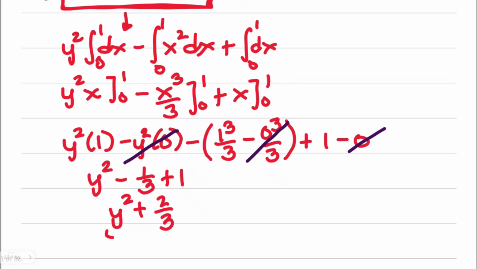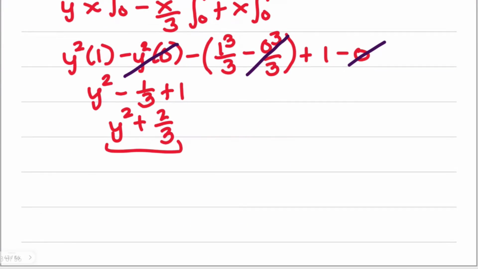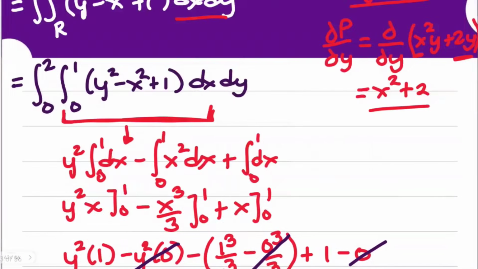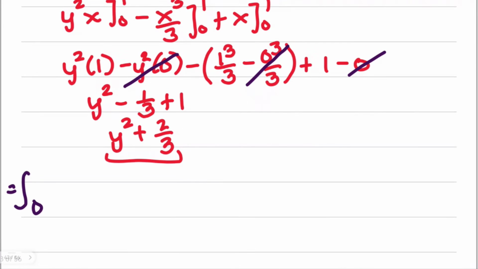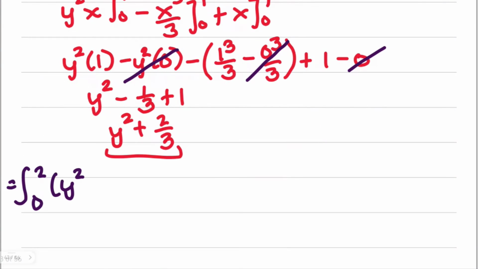This is now the function we're going to plug in for this integral sign and the remaining notation dy. The boundary is now 0 to 2, and you will have y squared plus 2/3 dy.